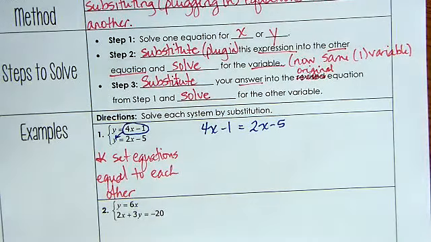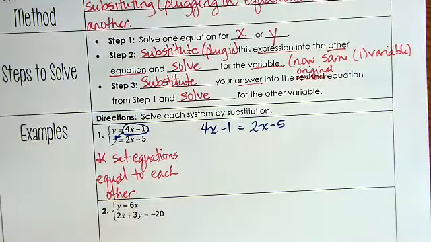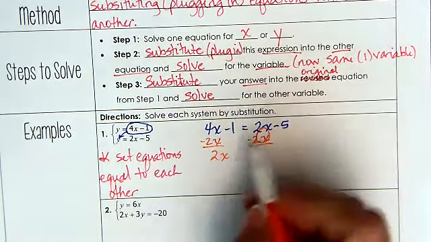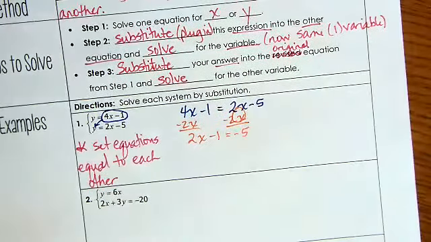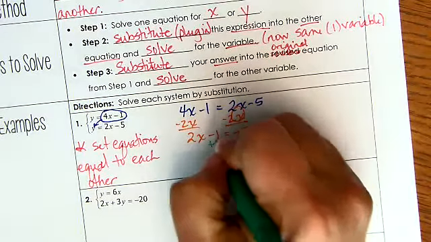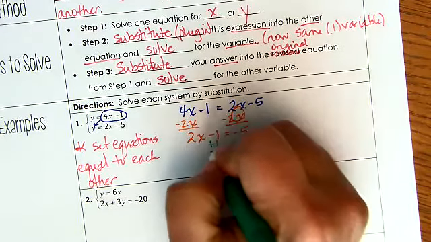Now we are just solving equations with variables on both sides, which we know how to do. We've done plenty of that. This is one of the reasons why we did it so much. So we subtract 2x, subtract 2x. This zeroes out, and we now have 2x minus 1. Now we add 1 to both sides.